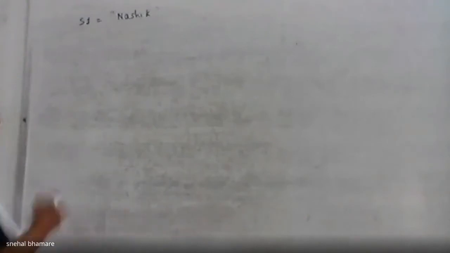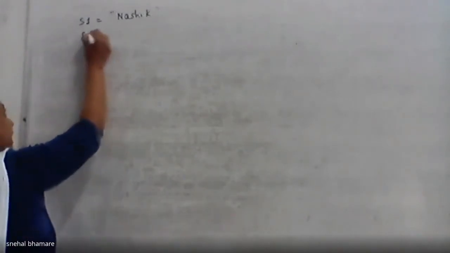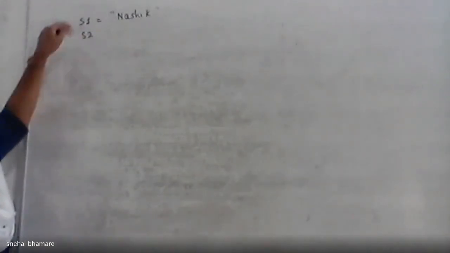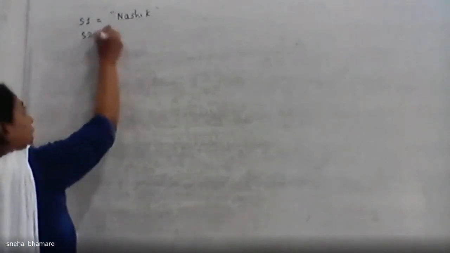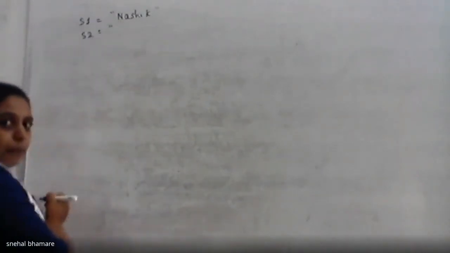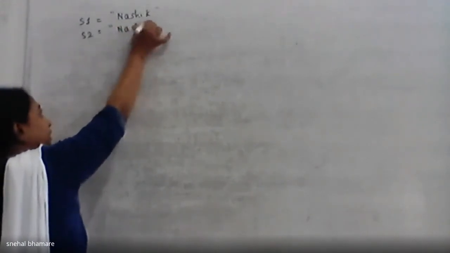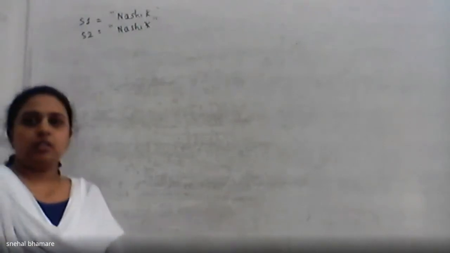Then you have to take another string, that is a character array, let's say S2, and you have to copy all these characters of string 1 to string 2, that is S2, as it is. So after completion of your program, S2 will also have the same string. Getting it? So how are you going to do it?